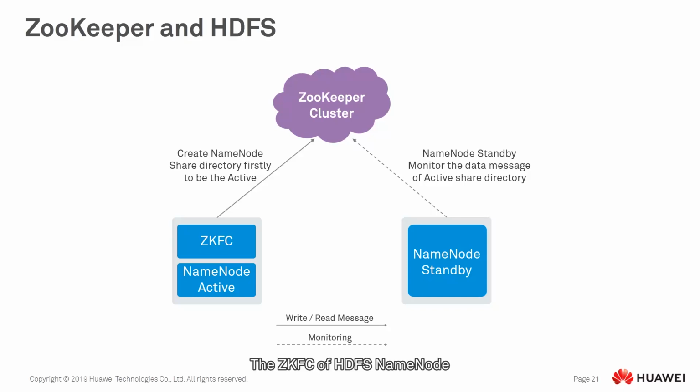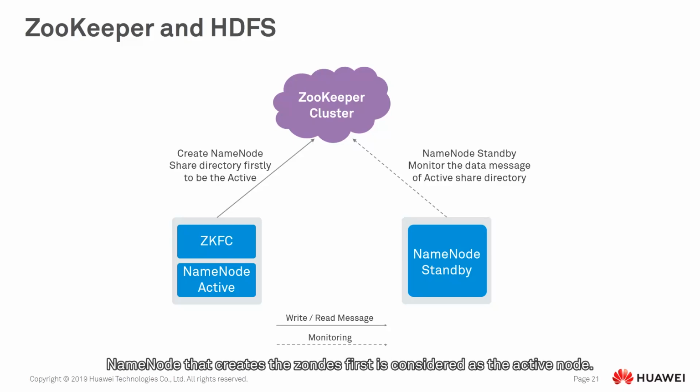The ZKFC of the HDFS NameNode connects to ZooKeeper and saves information such as host names to ZooKeeper. Under the znode directory, let's say /Hadoop, the NameNode that creates the znode first is considered the active node, and the other is the standby node.